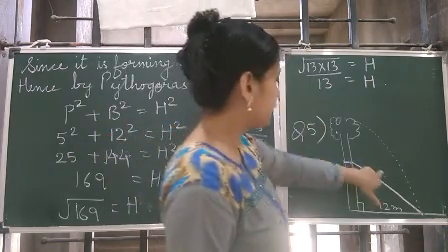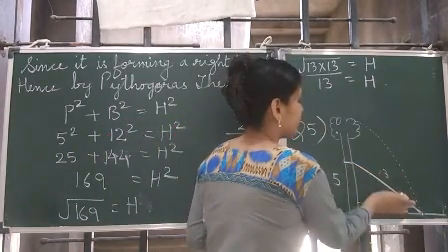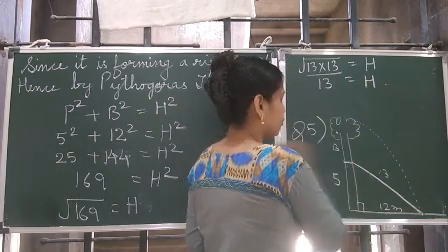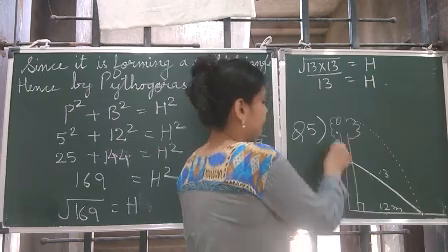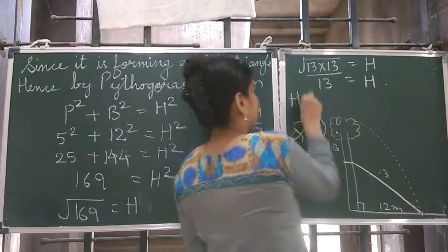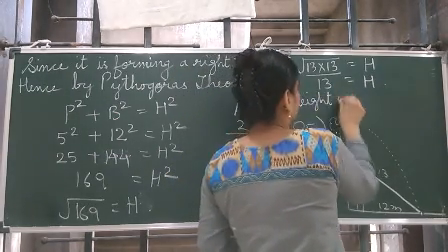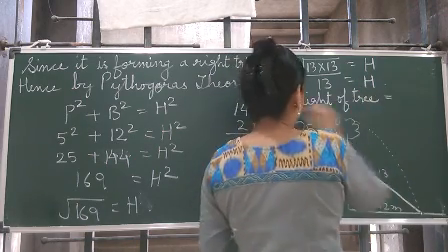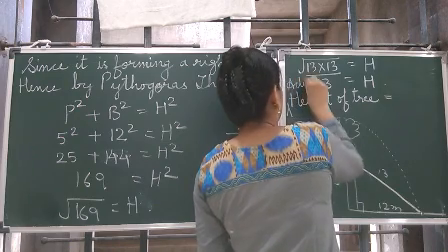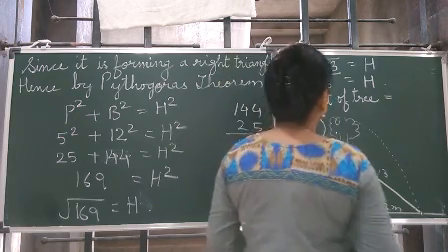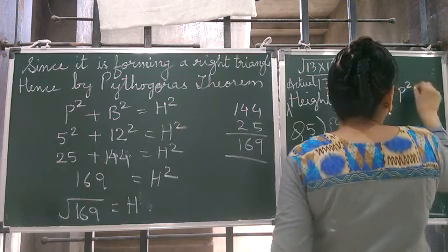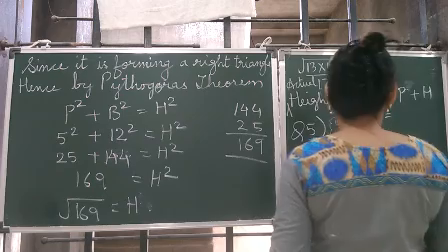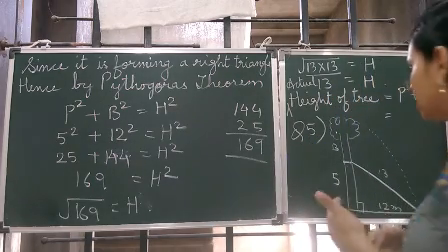That means this is 13. If it stands up like this, this 13 will stand up like this. So what is the actual height of the tree? 5 plus 13. The actual height of the tree is perpendicular plus hypotenuse.